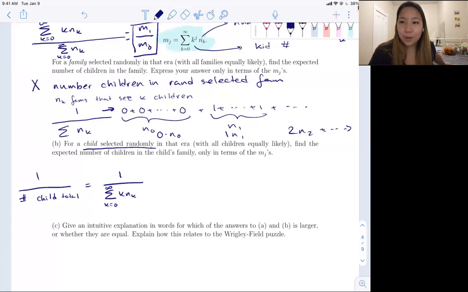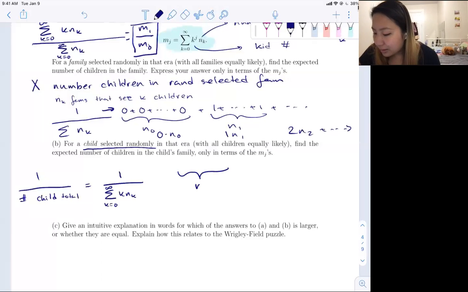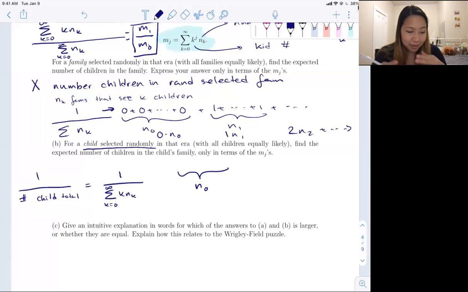And let's figure out what these children see. Each child is going to see themselves and the number of children in their family, so they're going to see k people in their family.